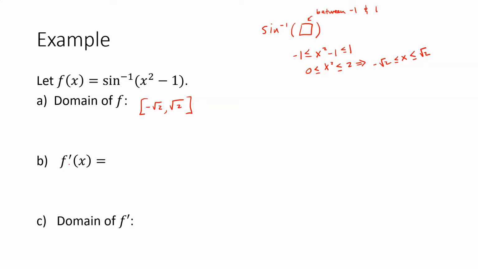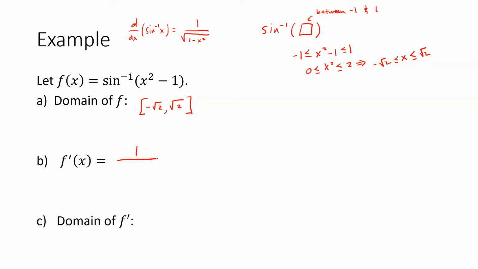Now let's find f prime. So remembering our formula for the derivative of sine inverse, it'll be 1 over the square root of 1 minus x squared. In this case, we've got sine inverse of x squared minus 1, so we're going to replace x with x squared minus 1.